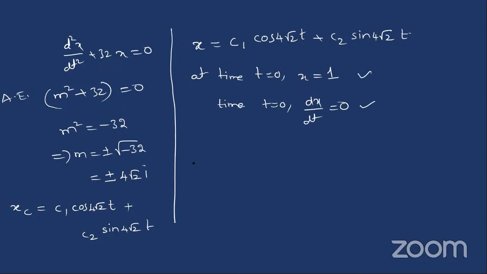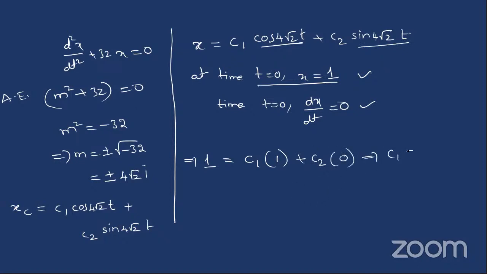Now, if I use the first condition, x is equal to 1 when time t is 0, see what you get here. x is equal to 1. When you substitute t equal to 0, C1 into cos 0 becomes simply 1, plus C2 into sine 0, which is simply 0. That's how you can see C1 is directly 1, right?